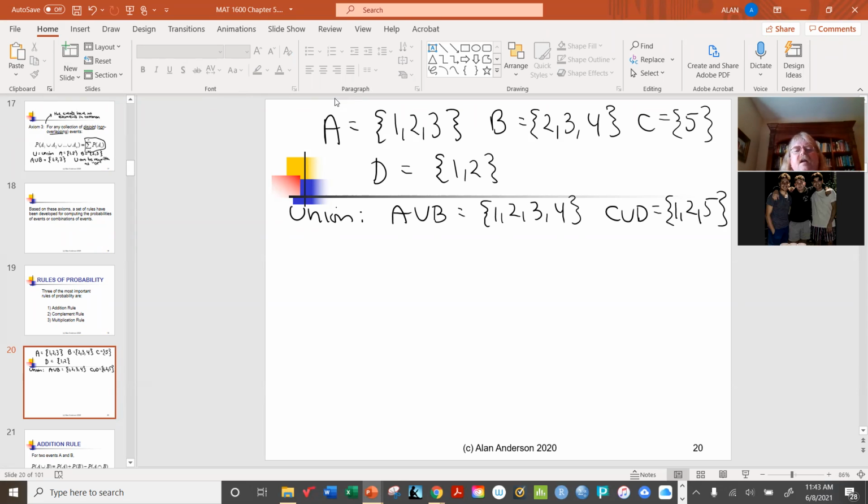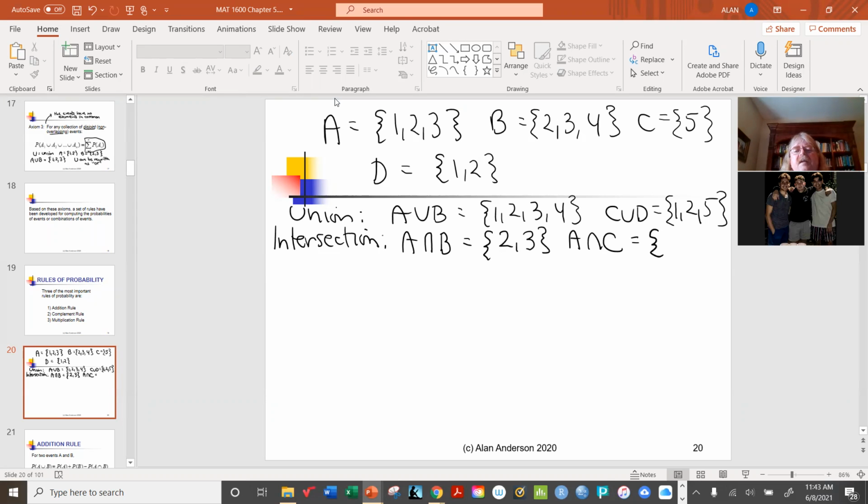Now, we also have this other concept, this other operator called intersection. And this is essentially an upside down U. The intersection between A and B is the 2 elements they have in common, 2 and 3. Not all sets have an intersection. A intersect C is, well, there's no elements in common.